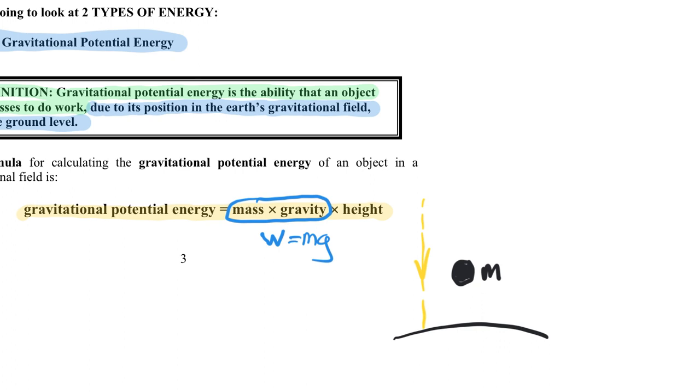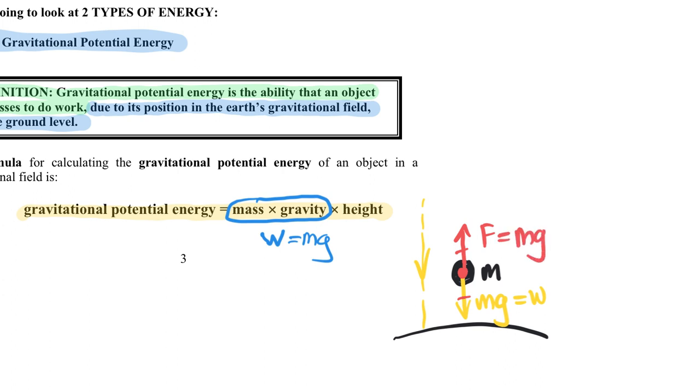Then, because the weight mg is acting down, you would have to apply a force that is equal in magnitude but opposite in direction, moving the object away from the surface of the planet, and that would mean that this force magnitude-wise would equal mg.